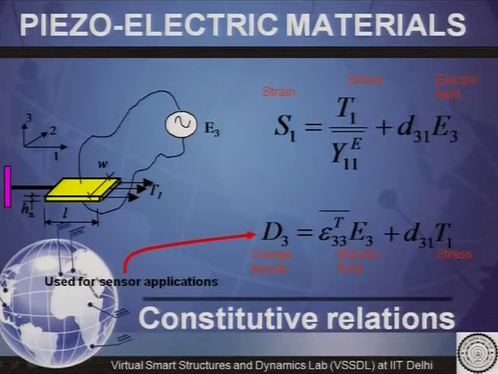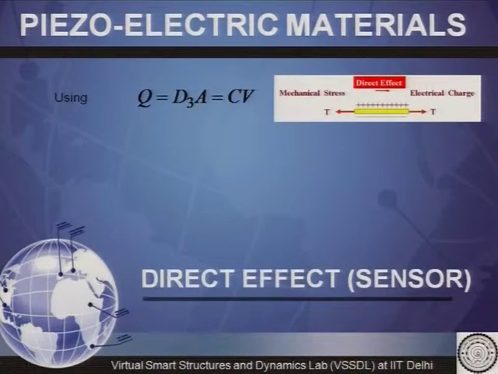This equation is used for the sensor application. When the piezoelectric material is used as a sensor, then this equation is used, and when E3 is 0, when there is no electrical field, so only stresses are being produced, then the equation will reduce to this, and so this E3 becomes 0.